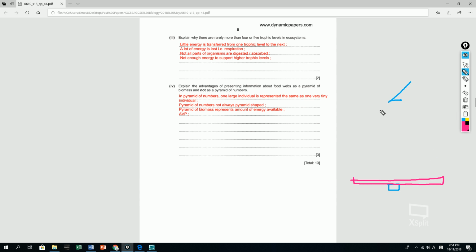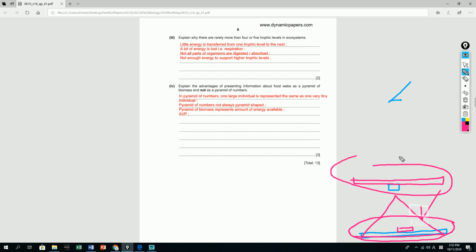It's not really representative of what amount of energy is actually present in those trees. If you actually looked at the biomass though, the one big tree has a lot more biomass or energy in it than millions of little caterpillars that may be eating on it. Okay, so this is the pyramid of biomass, and it's always pyramid shaped, so it's better. The pyramid of numbers can often give you misleading results, so that's not great.